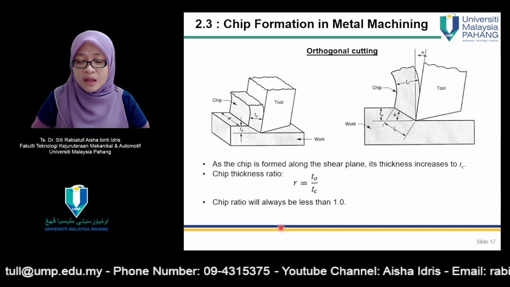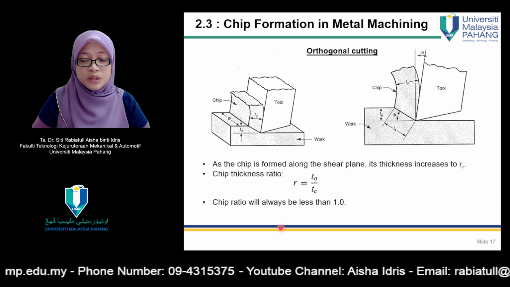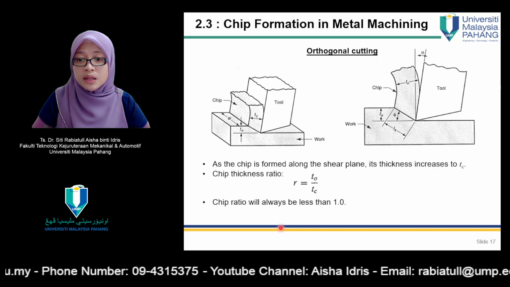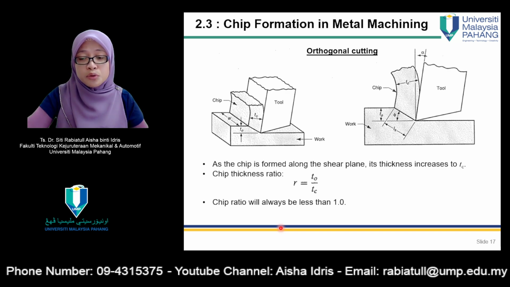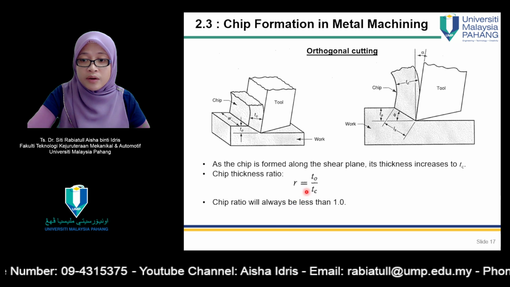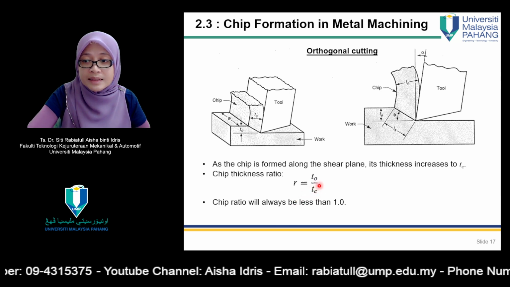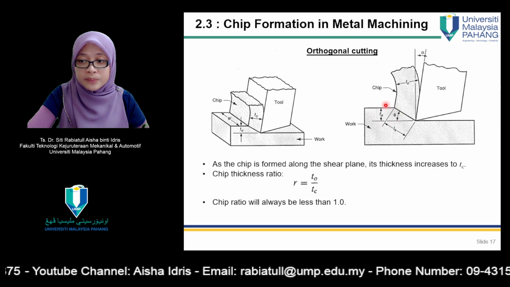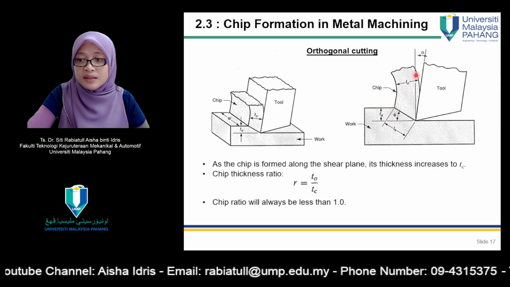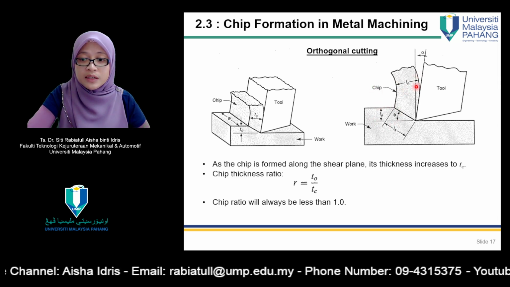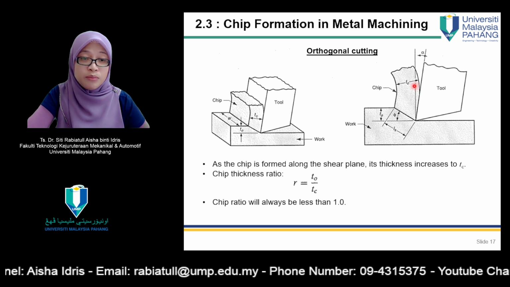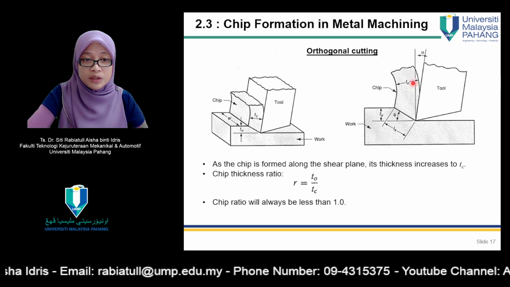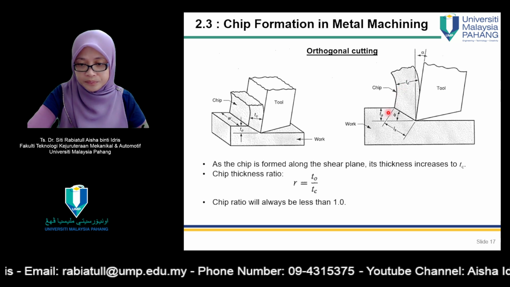The other terminology that we need to know is the chip thickness ratio, with the formula r equals t0 over tc. t0 is the initial thickness of the chip, and then tc is the thickness after it becomes a chip, or after it is being cut.